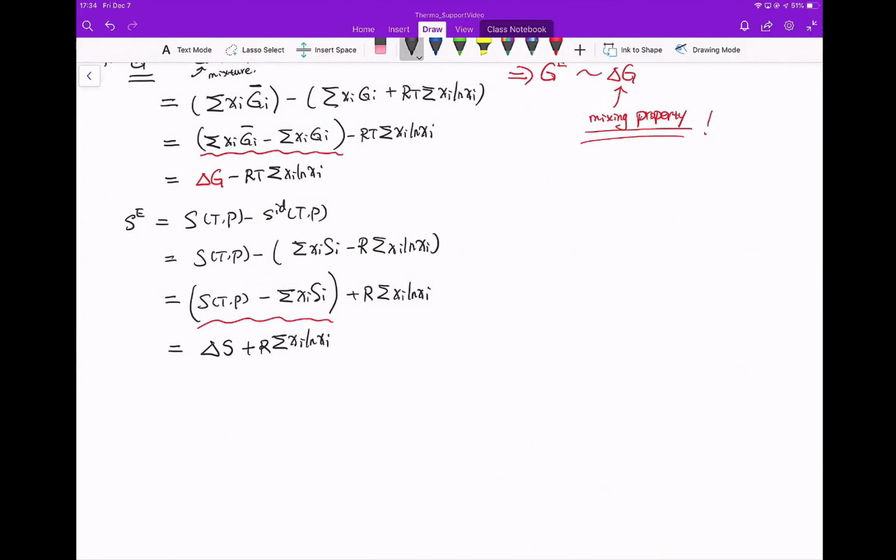For the enthalpy, the excess is H minus H ideal.